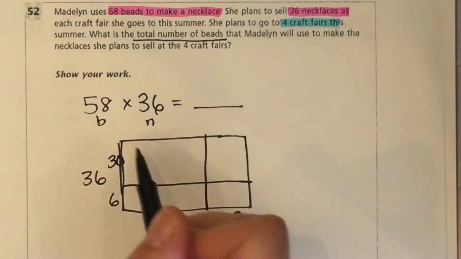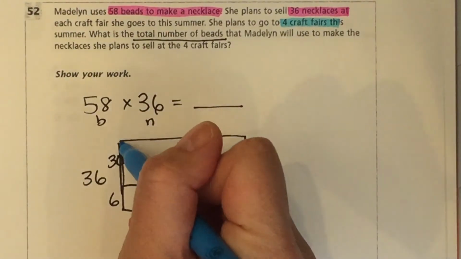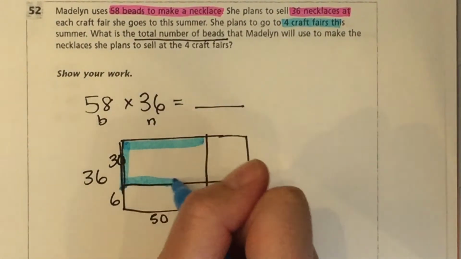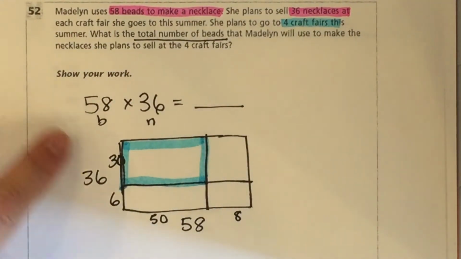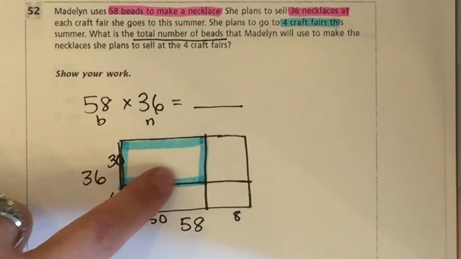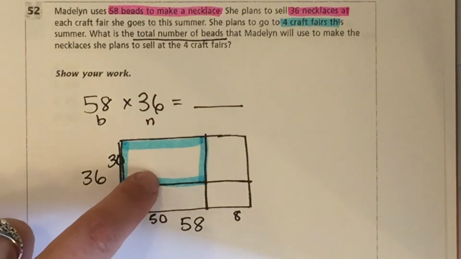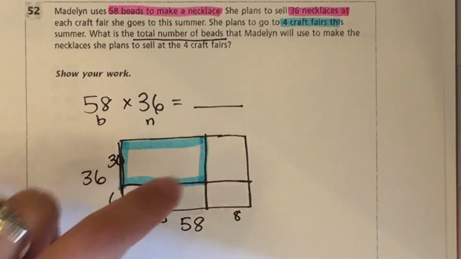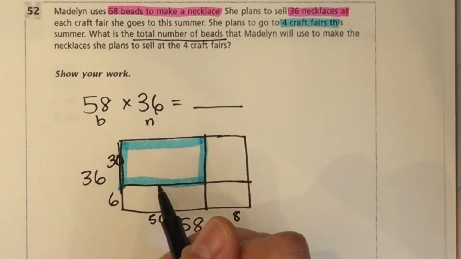All right, so this rectangle over here, I'm going to use my highlighters just to make sure we're clear about what it is that we are multiplying. This rectangle is a 30 by something. I have to figure out which part I'm looking at now. Am I looking at the 50 or am I looking at the 8? The 50. If this bottom is 50, then that means this top line is also 50.